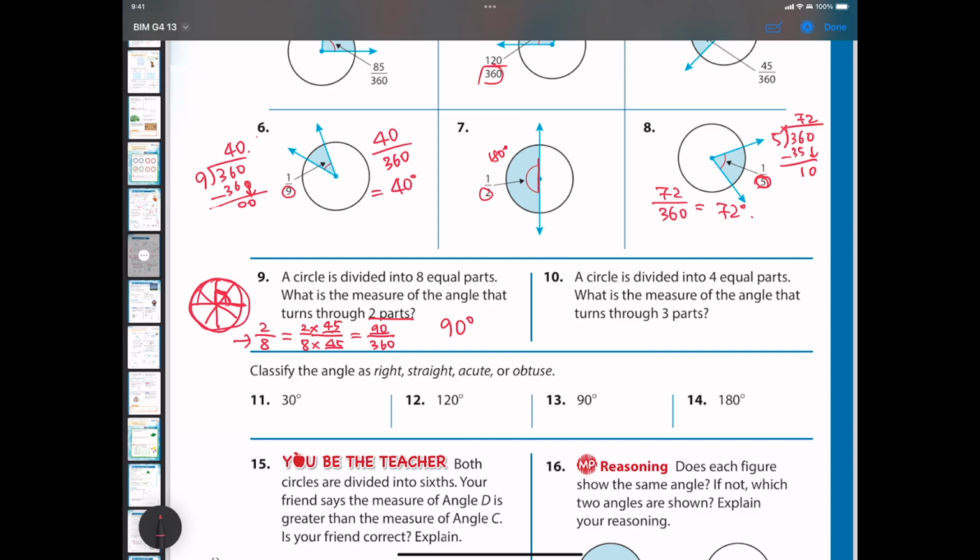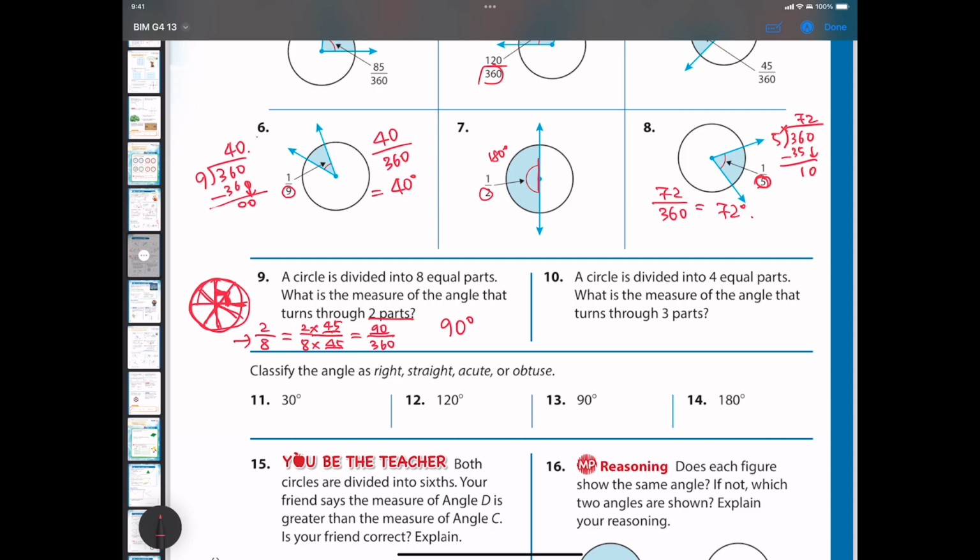Split that into 8 equal parts and then take two pieces, which is 90 degrees. So if you are eating one slice of pizza, you are getting what? 45 degrees. Okay? So please think about this when you eat pizza. And if you are taking 2 slices, you are getting what? Yes, a right angle, 90 degrees.